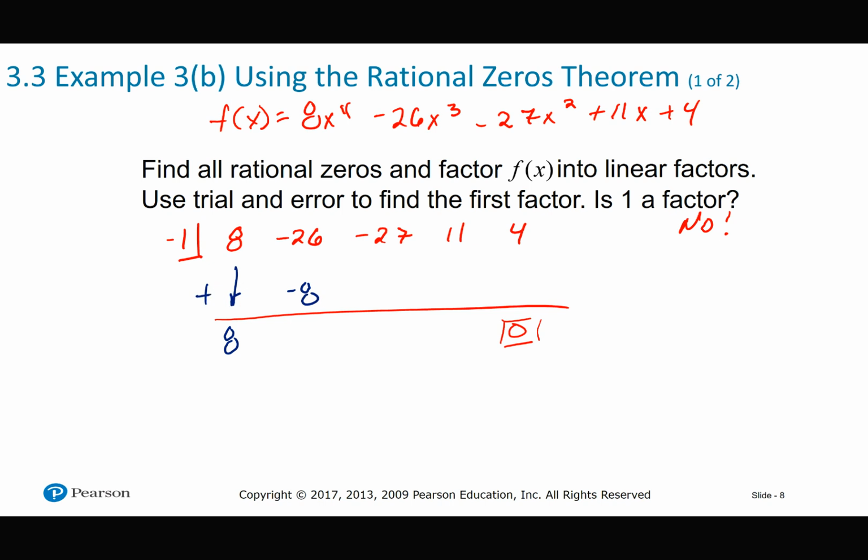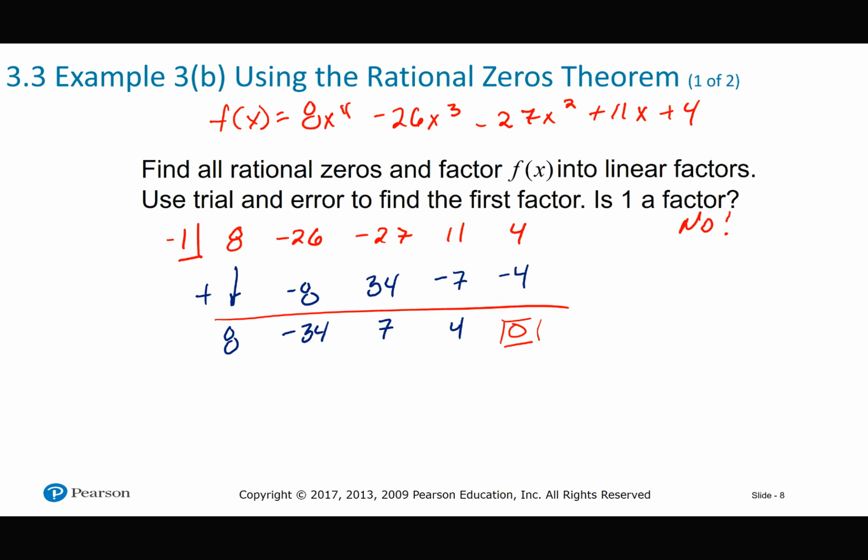And remember, we're adding. So this becomes a negative 34. Multiply through, this becomes a positive 34. Add those up, end up with a positive 7. Negative 7. Bring that down, becomes 4. Multiply through, that becomes negative 4. And I do get 0, which is good.